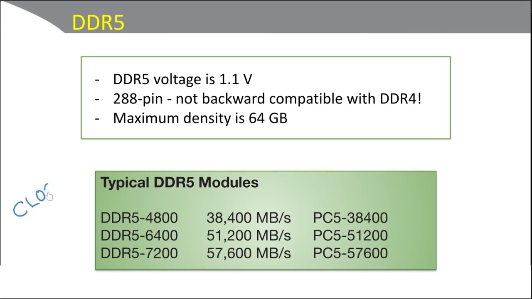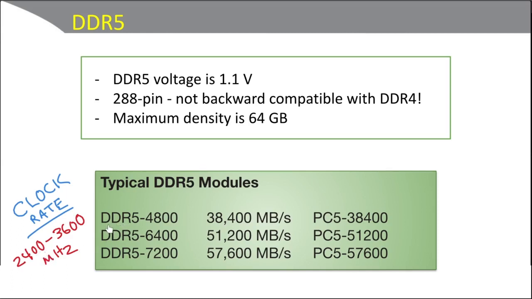Now, the clock rate for DDR5 currently, as of the recording of this video, ranges between 2400 and 3600 megahertz. And you double that number to get your module standard. So for example, a typical speed, quote unquote, for DDR5 would be 2400 megahertz.